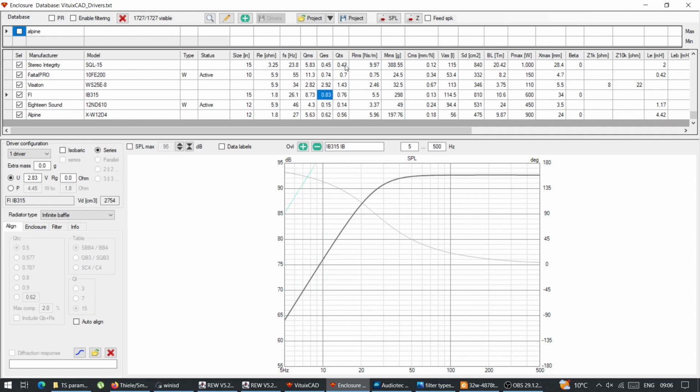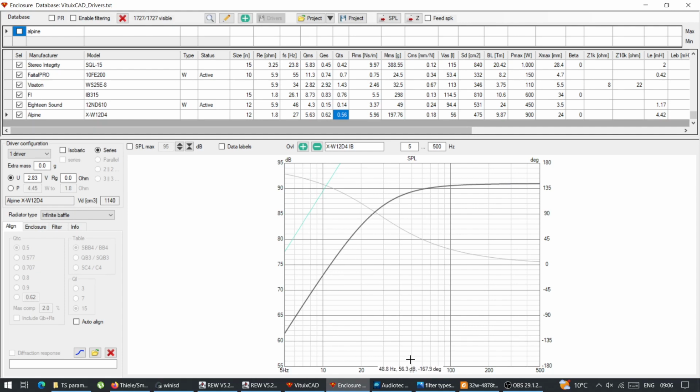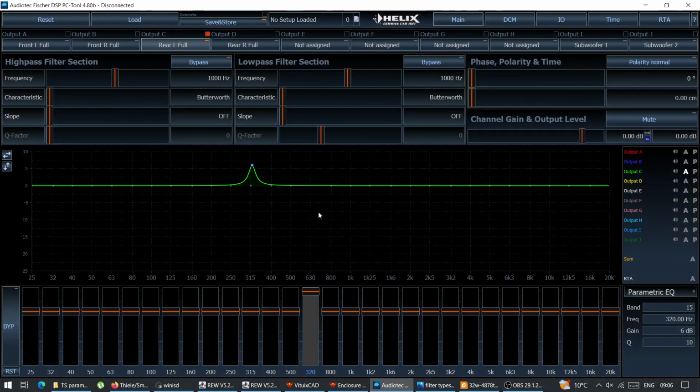to better understand this Q and what it is and how it looks, let's go back to Helix, and we're going to be jumping back and forth between programs because it's easier to show visually.